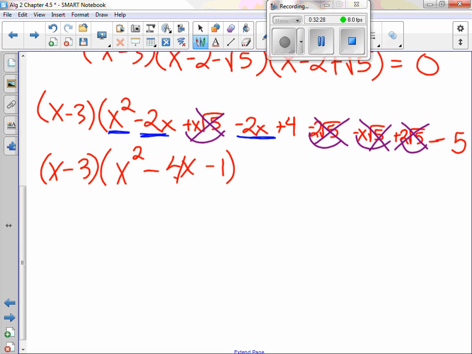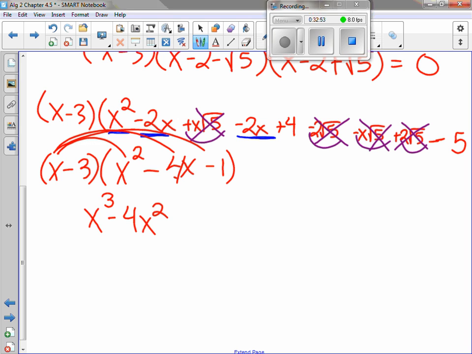We're almost done. We have to multiply one more time. Okay. Let's multiply through by x first. x times x squared would be x cubed. x times negative 4x would be negative 4x squared.